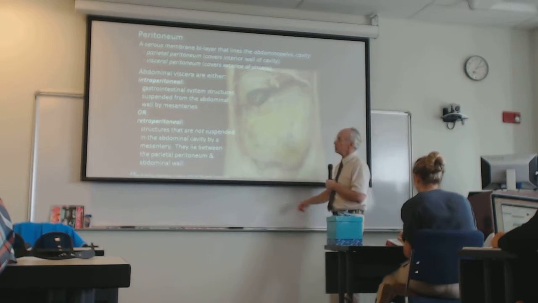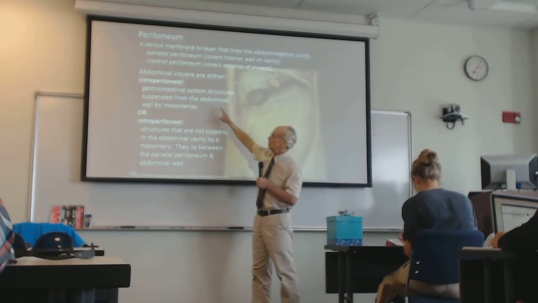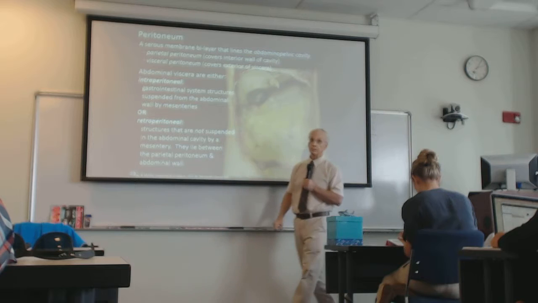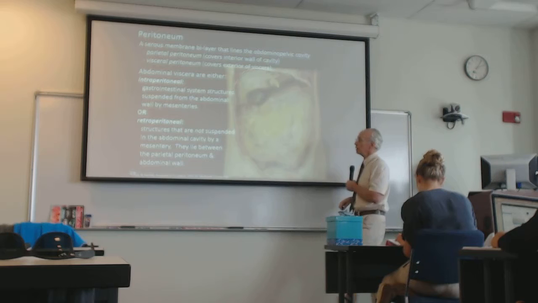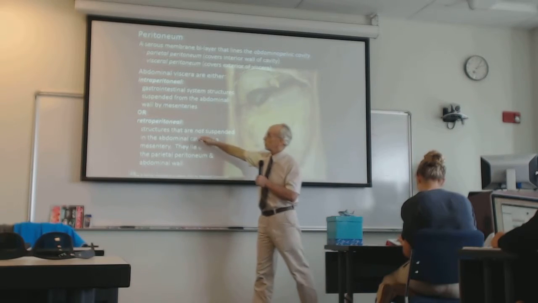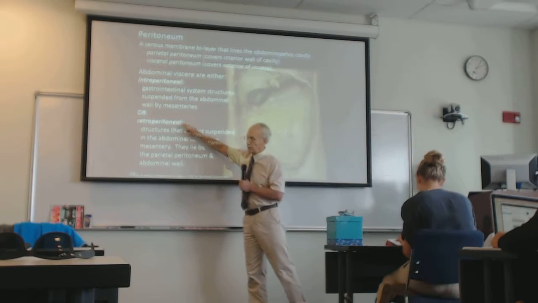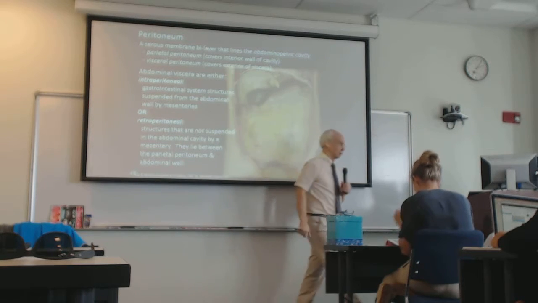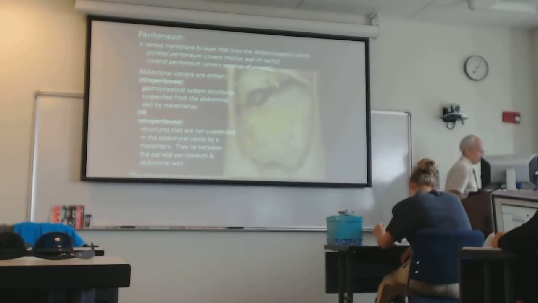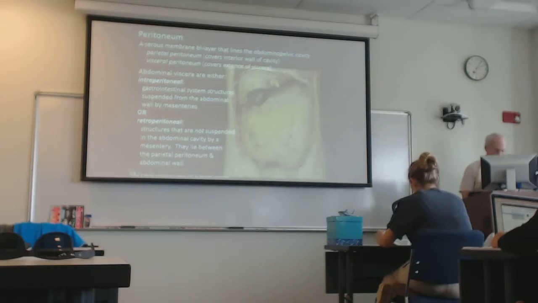If a viscus is enshrouded by peritoneum, we call it intraperitoneal. If it's beyond, in our very simplified distinction, that is to say, external to the peritoneal membranes, we call it extraperitoneal or retroperitoneal, especially if it's located posterior to the peritoneal envelope.